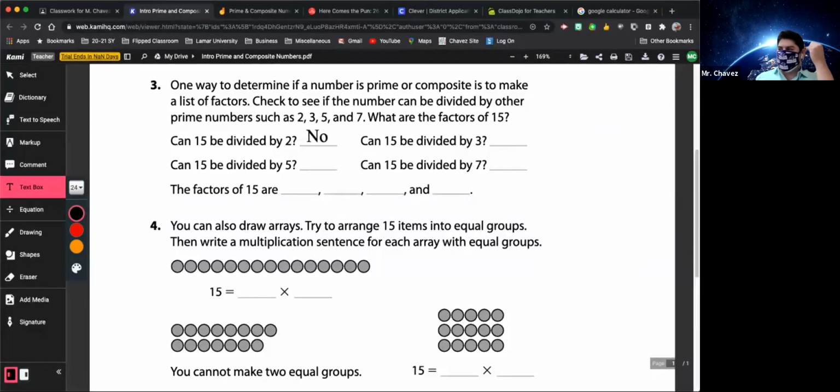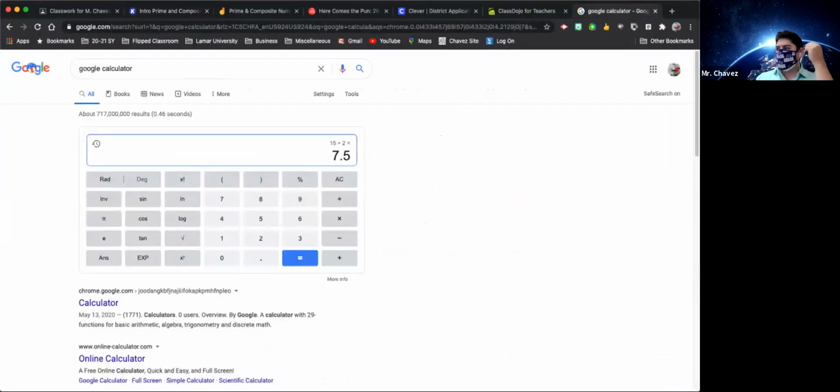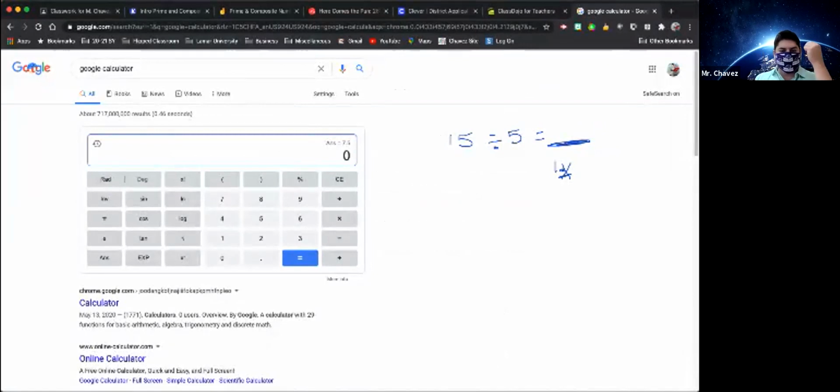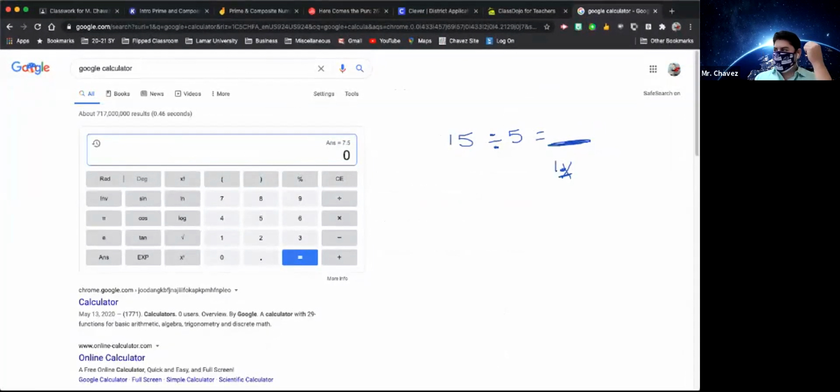Now, if you want to be sure, let's look at the calculator real quick. On the calculator, if I get 15 divided by 5, if I get an answer that has a decimal in there, it can't be divided. If my answer does not have a decimal and I see a whole number, then it can. Let's type it in.